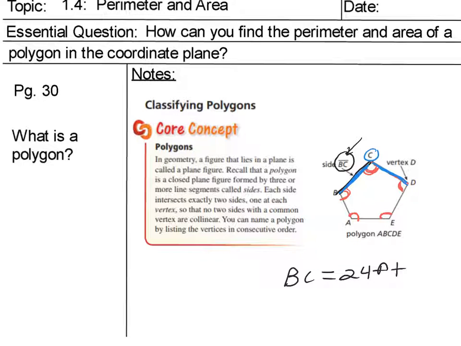Now, how do we name polygons? Well, just name them by the vertices in consecutive order. So we start here, and we typically go clockwise. Okay, that's one thing your book doesn't say, but when naming, we want to name clockwise.